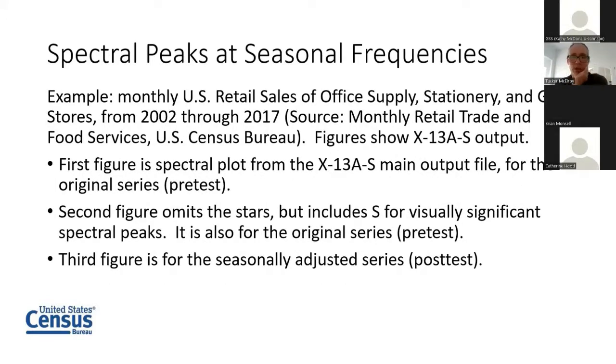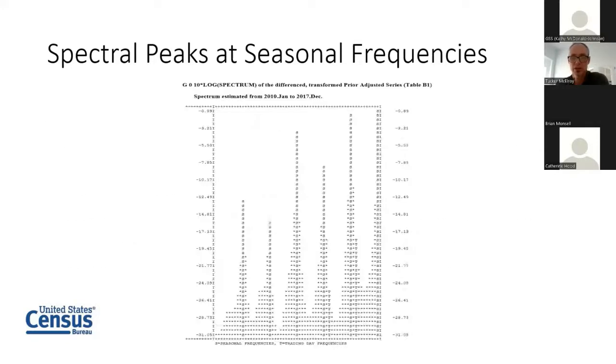In this example, same series, the first figure is the plot for the original series doing a pretest, then there's a second figure based on a different graphical output, and then finally we look at the seasonal adjustment.